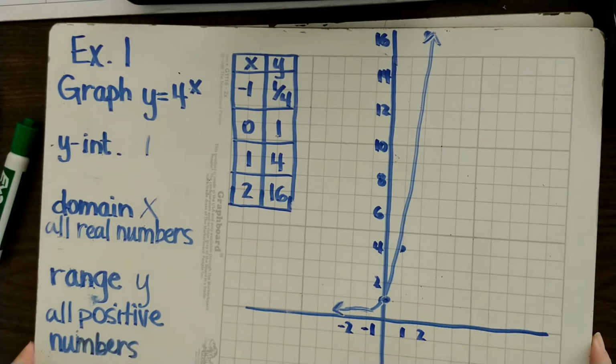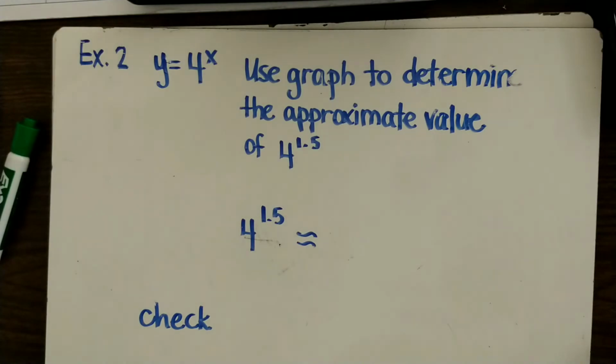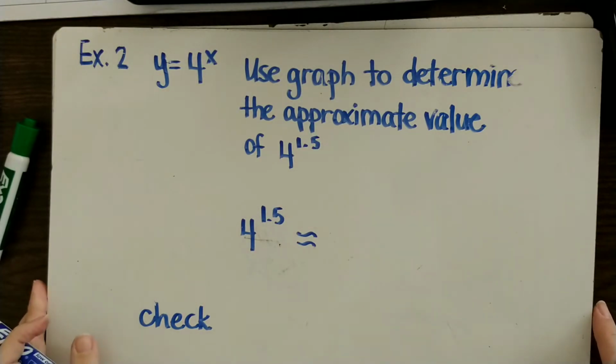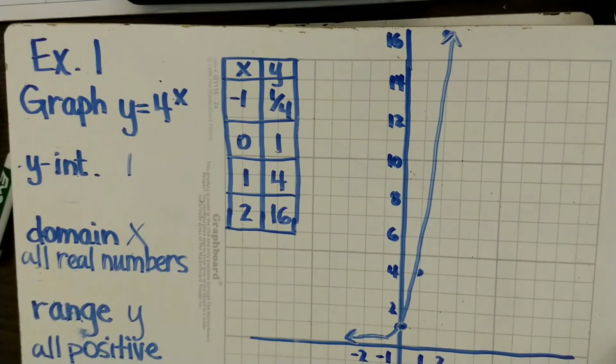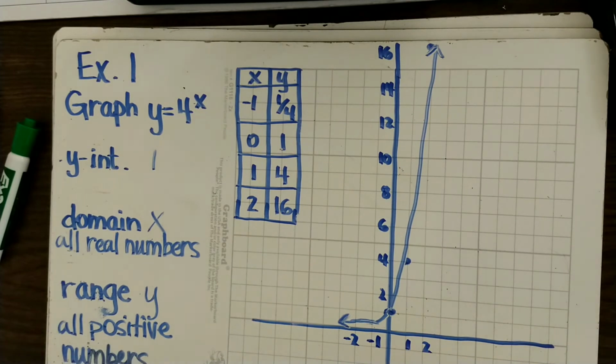Okay, let's move on to example 2. On example 2, we have y equals 4 to the x power, and this was our graph off of example 1. We need to determine the approximate value of 4 to the x when x is 1.5.